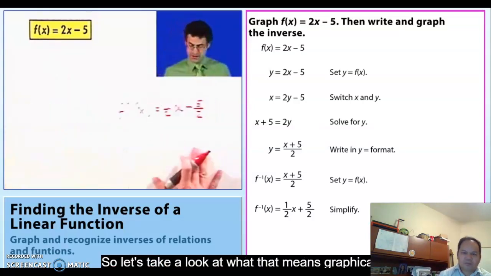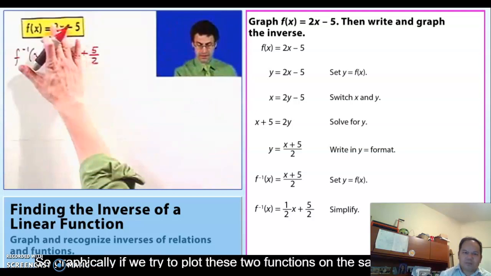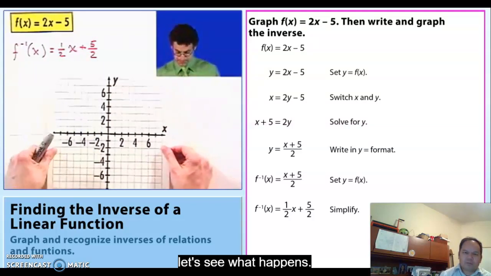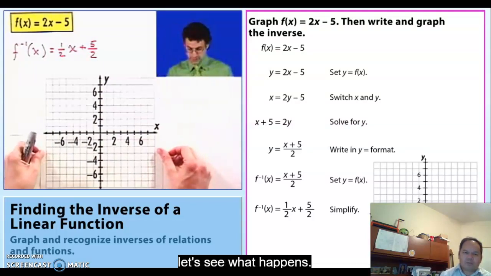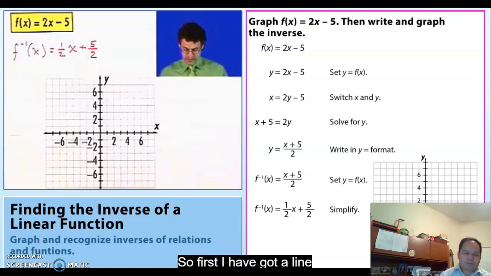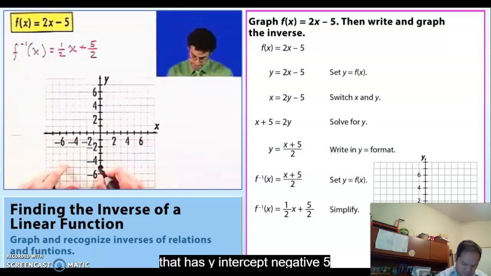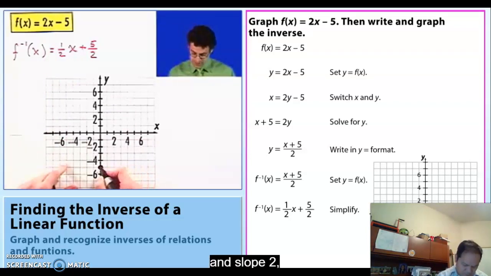Let's take a look at what that means graphically. If we plot these two functions on the same set of axes, let's see what happens. First I've got a line that has y-intercept -5 and slope 2. So 2 up, 1 over, 2 up, 1 over, and so forth.